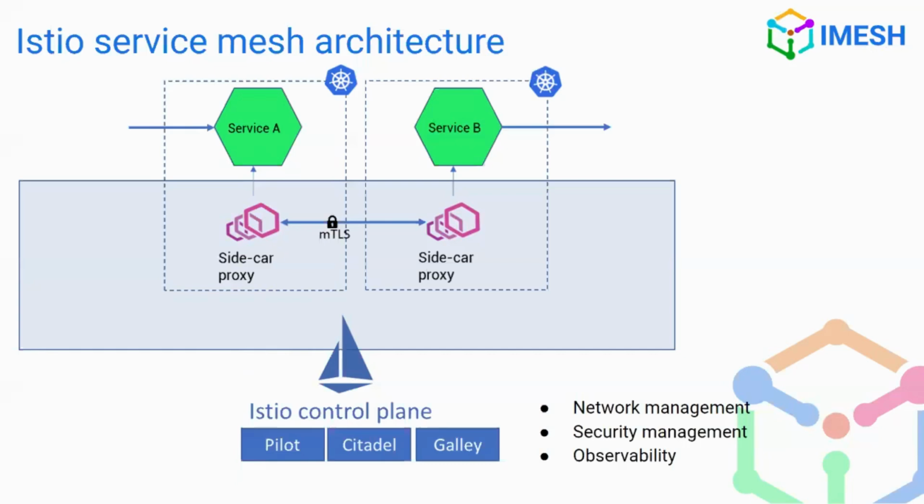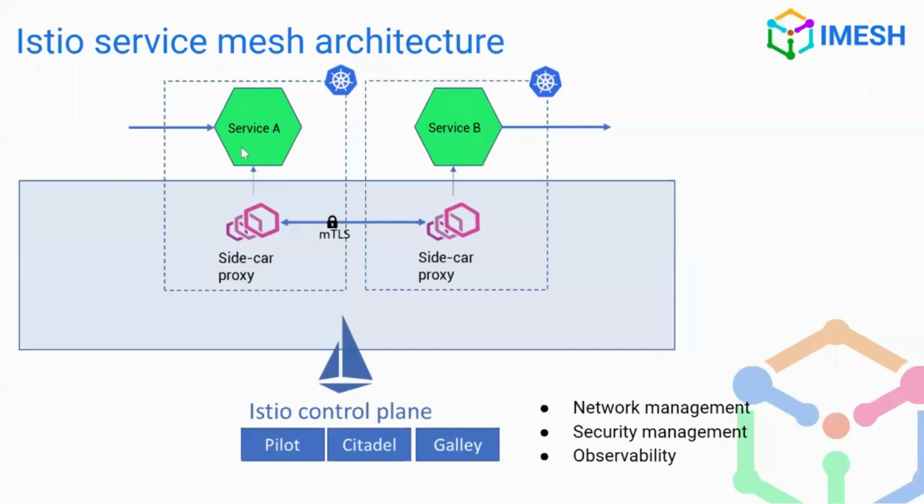So this service mesh is an infrastructure layer that abstracts the network and the communication complexity of microservices-based applications. It provides a dedicated communication channel for microservices, and helps in managing the traffic, security, and observability of these services.